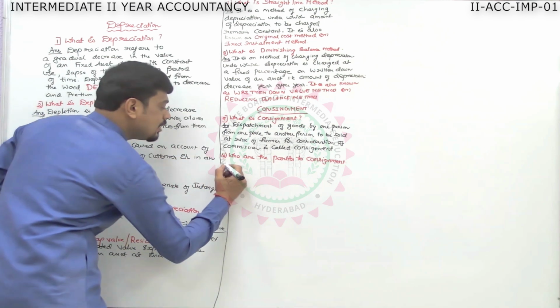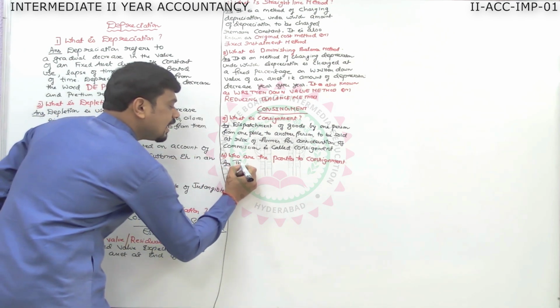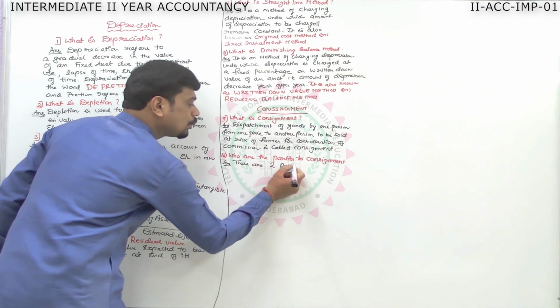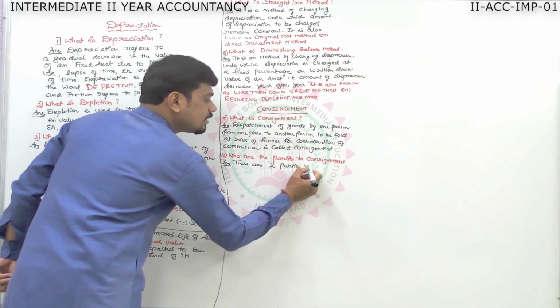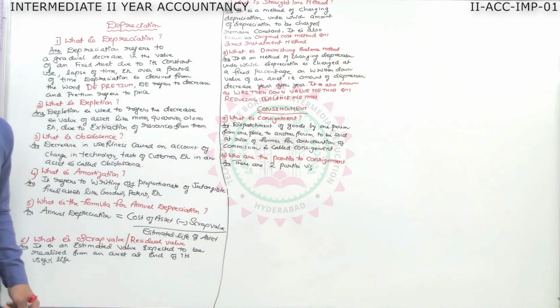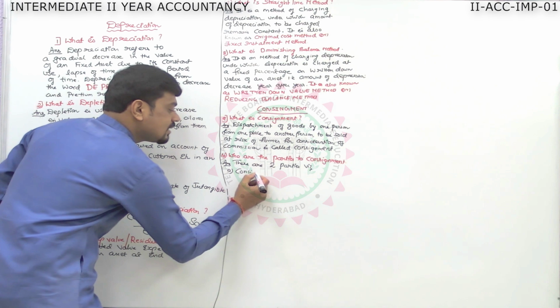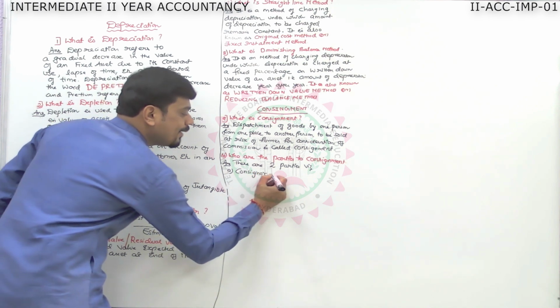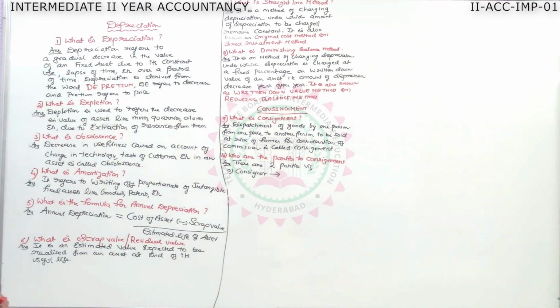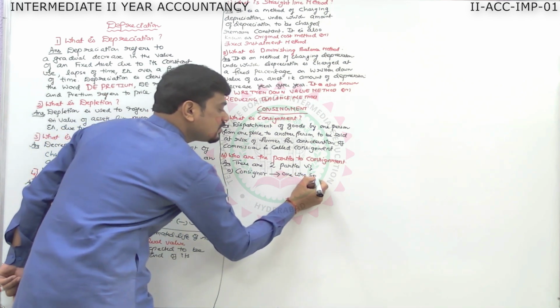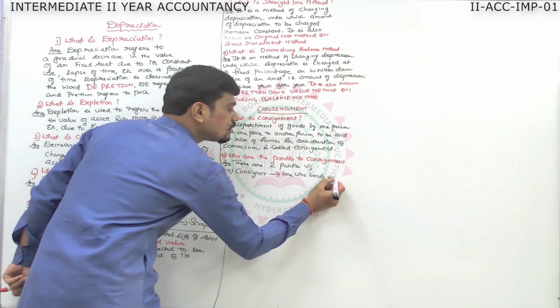Your answer will be, there are how many parties? There are 2 parties. Namely, a consignor, one who sends goods.